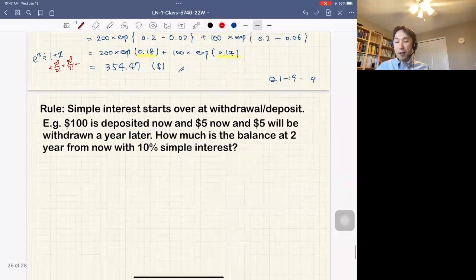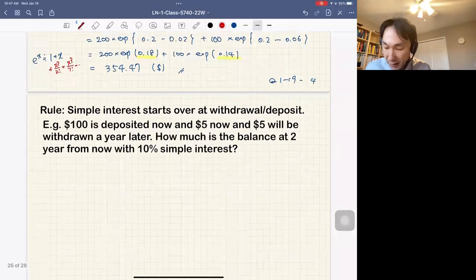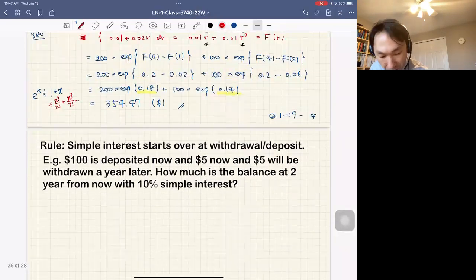Okay, so the next one. This is another topic, just a remark on simple interest rate. Simple interest rate starts over at withdrawal and deposit.